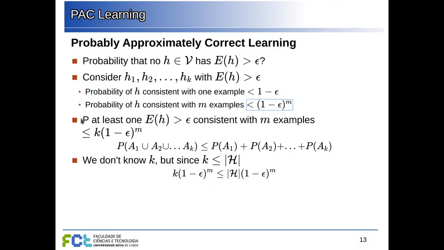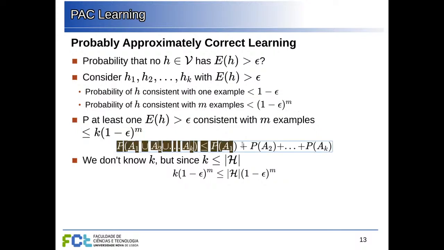So the probability of having at least one hypothesis for which the true error is larger than epsilon, consistent with all the examples in our training set, must be smaller than the number of hypotheses that have a large true error. So this k is the total number of hypotheses that make lots of mistakes, so to speak, multiplied by 1 minus epsilon raised to the power of m.